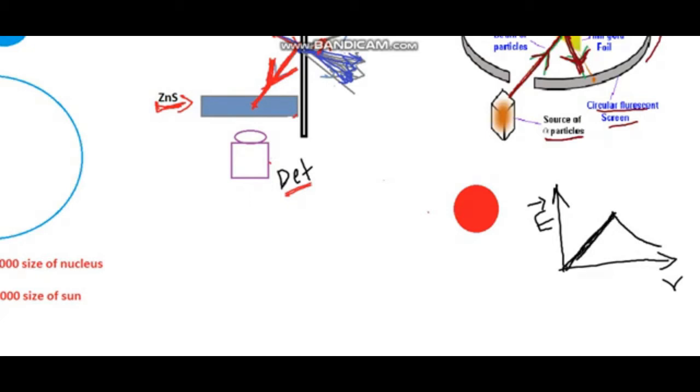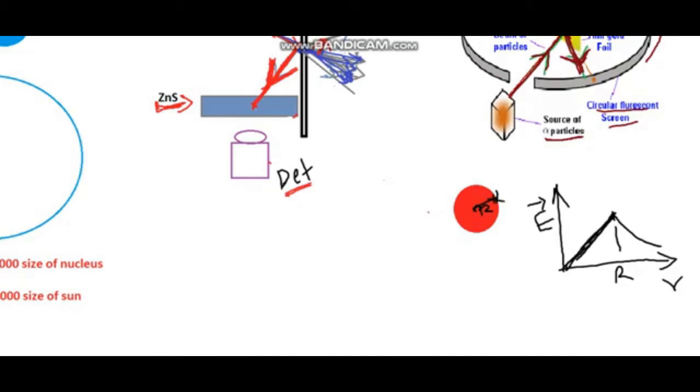You will have a maximum value when r is equal to capital R, and this capital R is nothing but the radius of your spherical charge distribution. The maximum is at the surface of your spherical charge distribution.